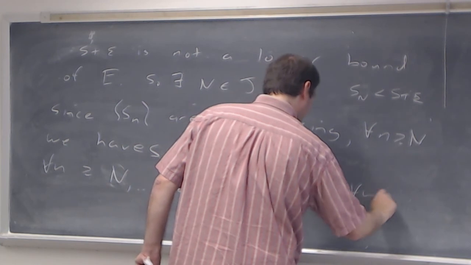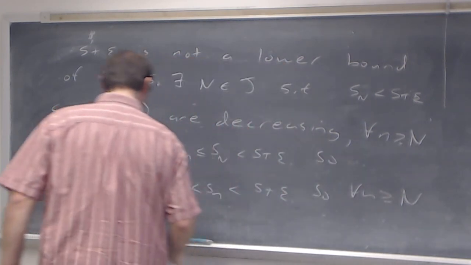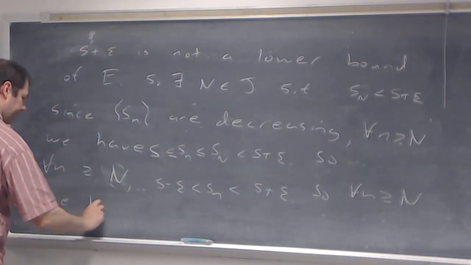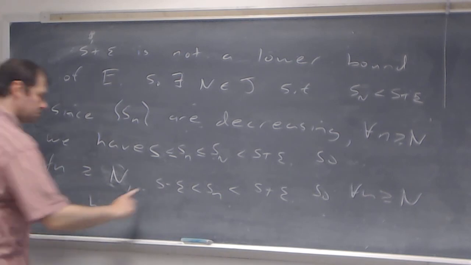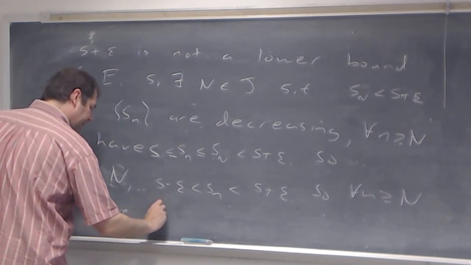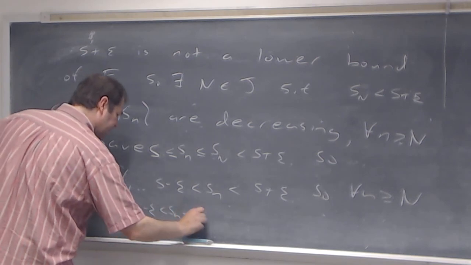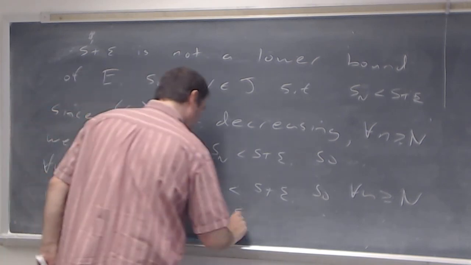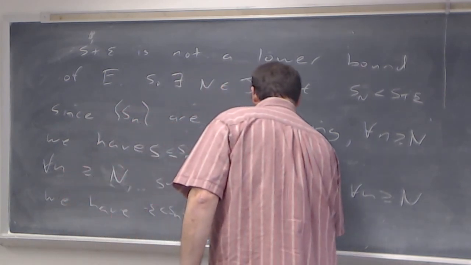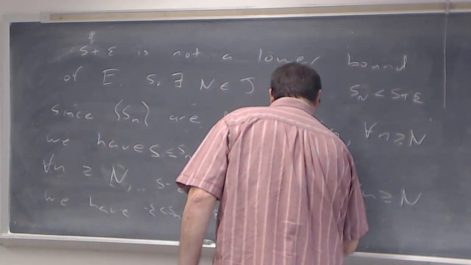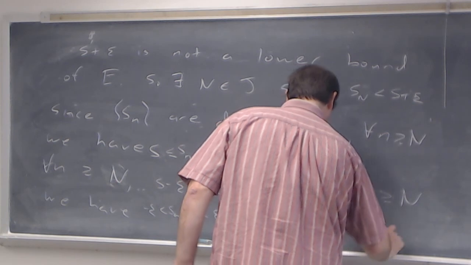So, for all n bigger than or equal to big N, this is going to be S of n minus S prime will be bigger than minus epsilon and less than epsilon. So for all n bigger than or equal to big N, the absolute value of S of n minus S prime is less than epsilon.